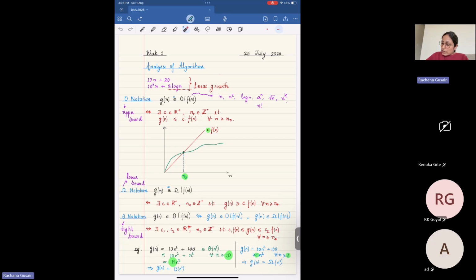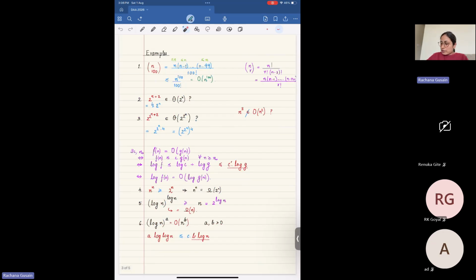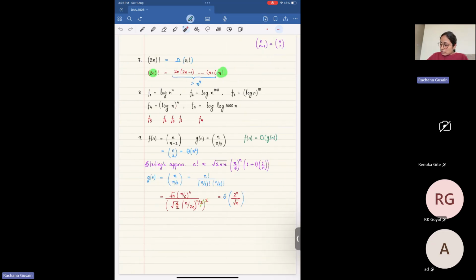For that, we discussed the big O notation, omega, and the theta notations, and we did some examples as well. This is worth remembering, and it's quite useful whenever we have functions involving factorials, because sometimes it helps to use Stirling's approximation to get the growth of the function.